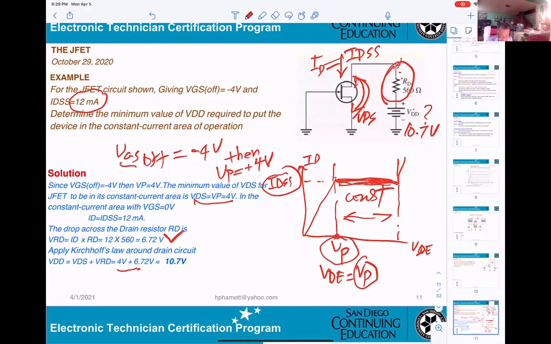Yeah, that's VGS off. So you need to erase that VDE and put VGS there.